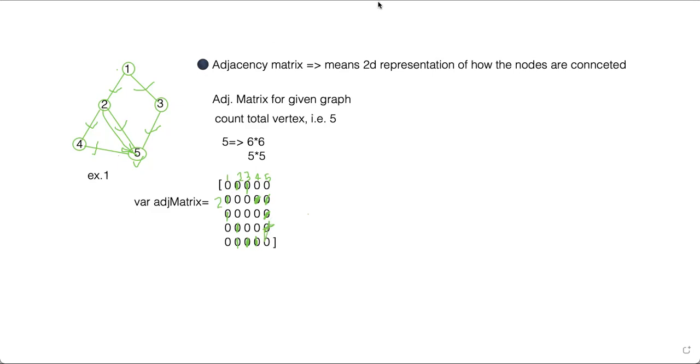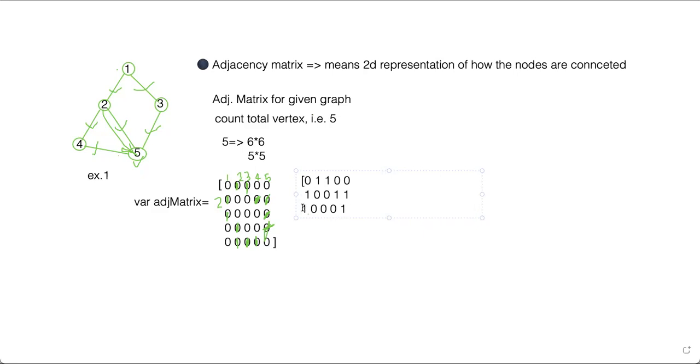So all you need to do is, it would look something like this, and then instead of 0 it is going to be 1. And it is going to be 0, 0, 1, 1, then again 1, 0, 0, 0 and 1.